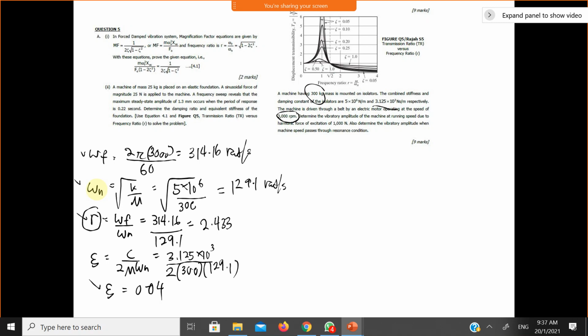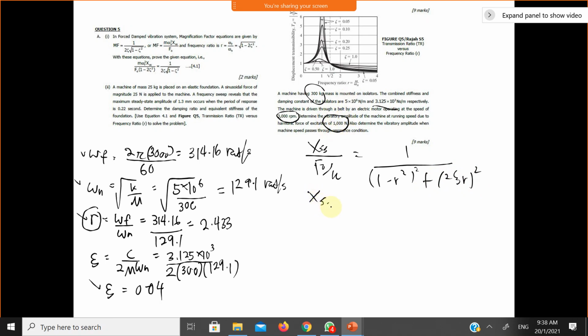You have to know the terminology. Okay, so based on the formula, XSS over F naught over K equals 1 over the square root of (1 minus R squared) squared plus (2 zeta R) squared. F naught is already given: 1000, the harmonic force excitation.